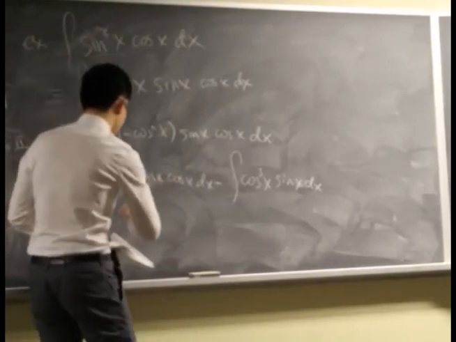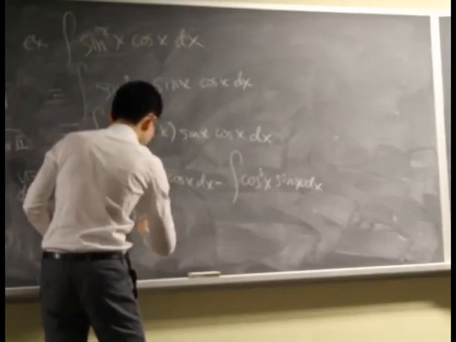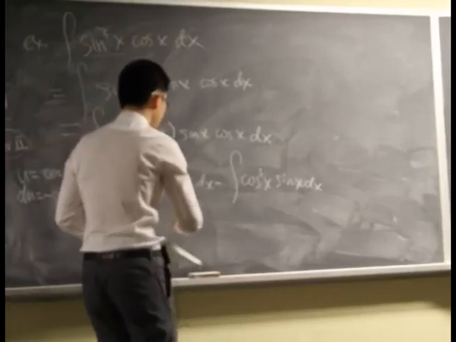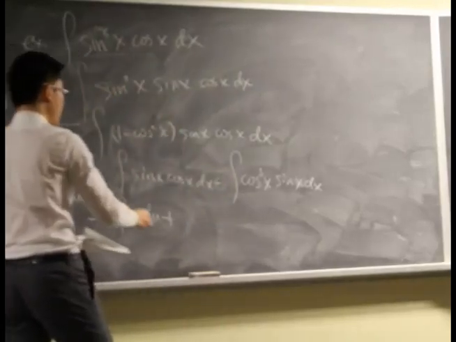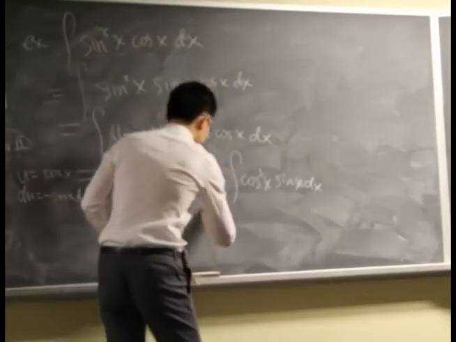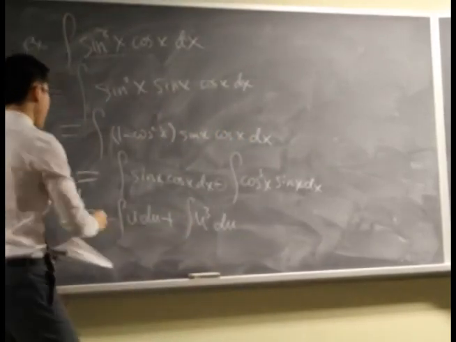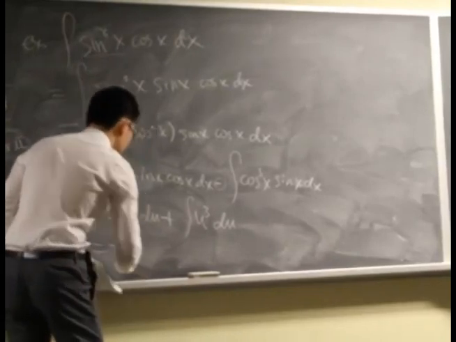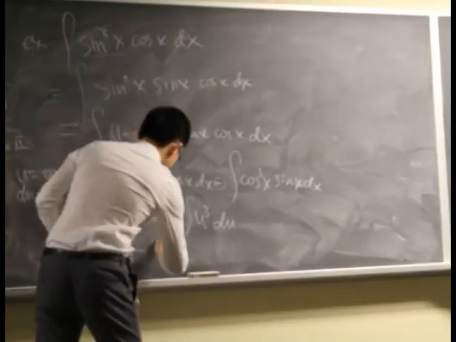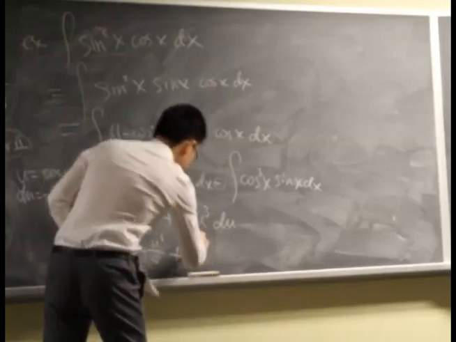So this entire thing is going to be expressed as the integral of negative u du, plus, because there was a negative right here and we're going to have a negative right here, the integral of u cubed du, which is going to give you negative u squared over 2 plus u to the power 4 over 4, and then plus a constant.